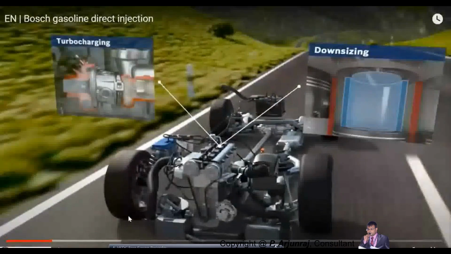I have seen some questions coming from somebody about turbocharged gasoline direct injection. So yes, we can use it as TGDI also, turbocharged gasoline direct injection. Basically, you can also downsize the engine.